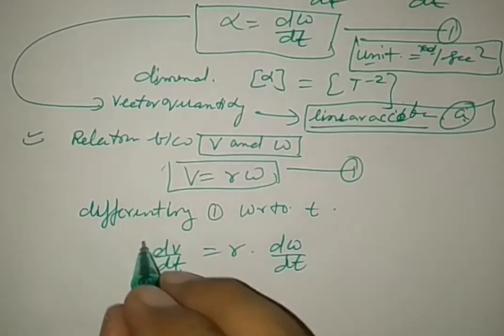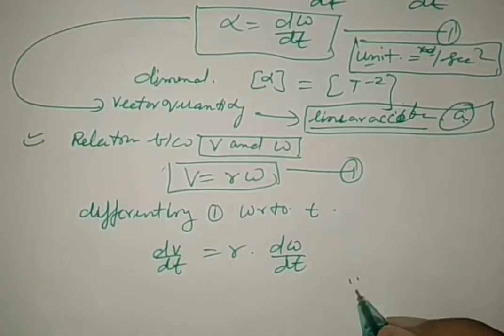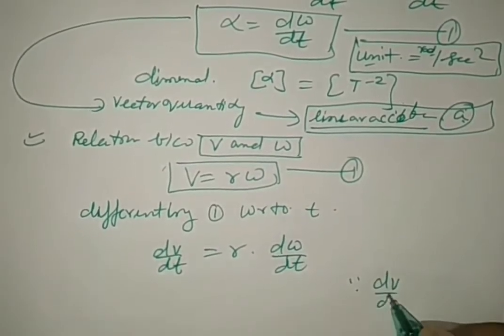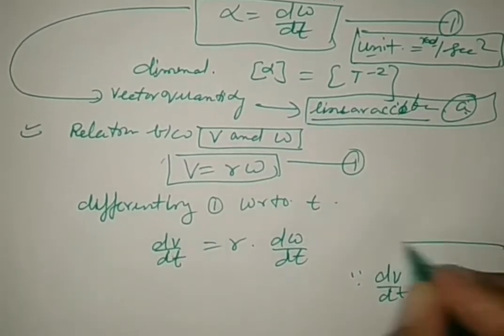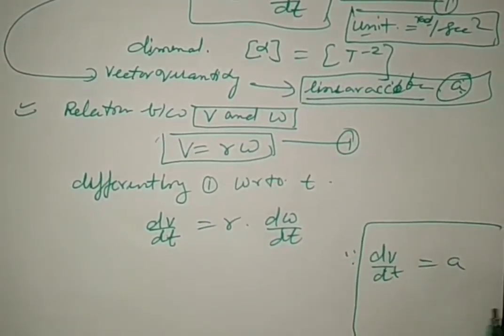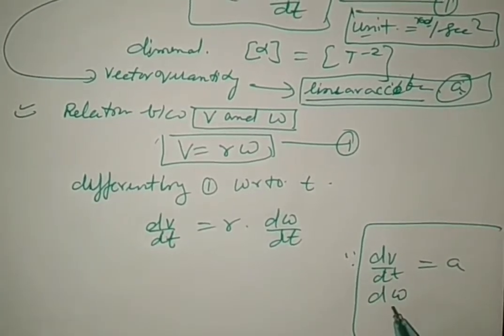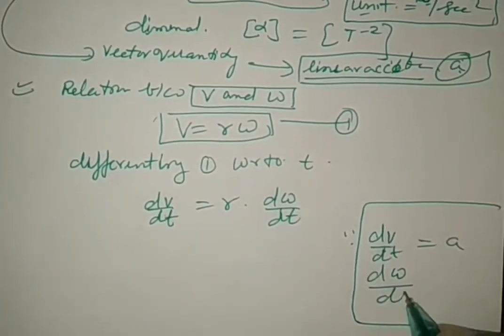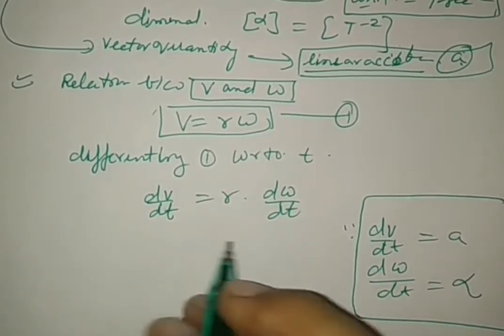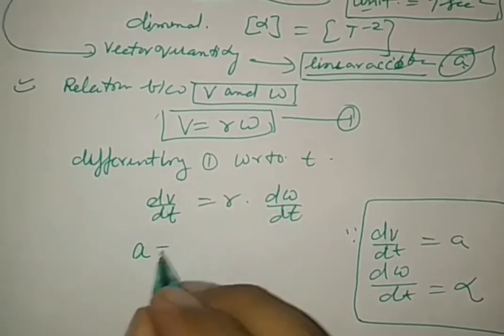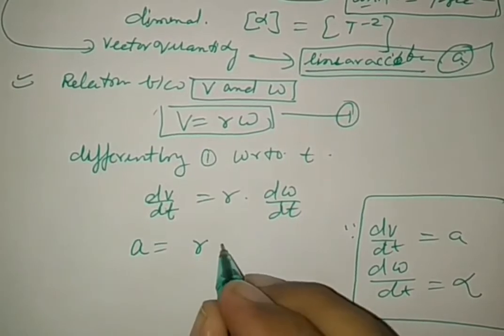Very well. Since we know dv by dt is equal to acceleration, and in equation number 1 we have defined d omega by dt as angular acceleration, so linear acceleration is r alpha.